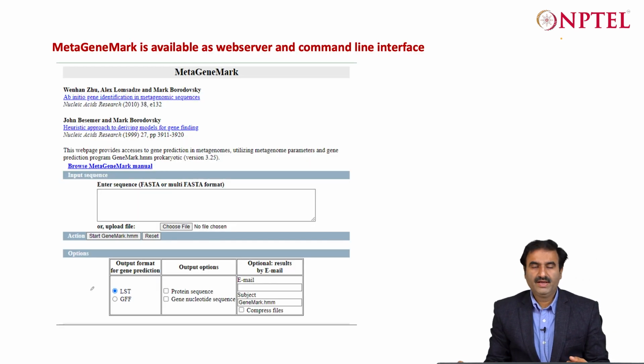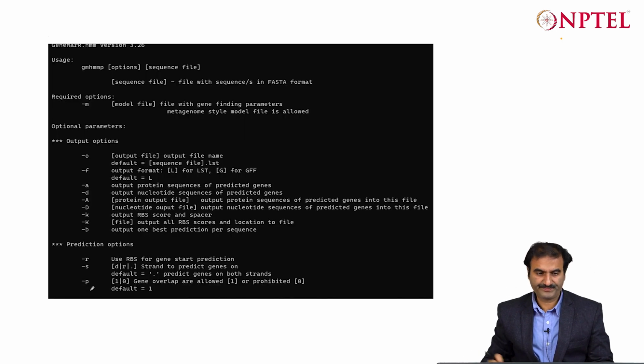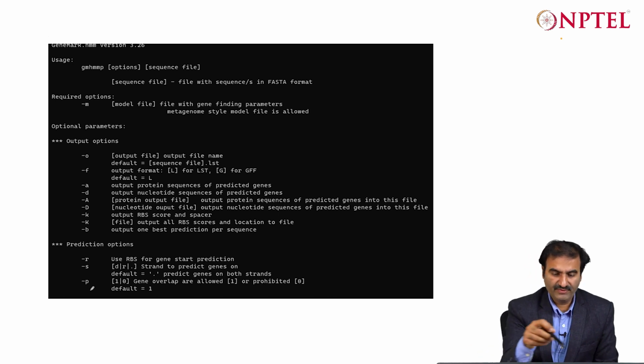The next good gene tool is MetaGeneMark, which is also used well, and you can use it online or download and use it. This is one of the options along with Prodigal. If you download it, it provides several options for prediction.